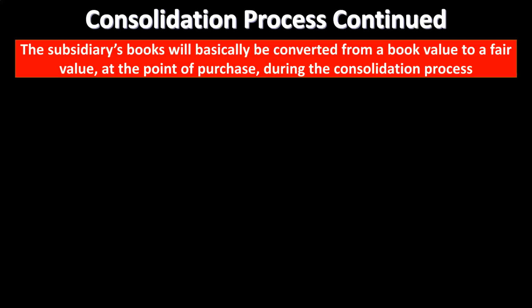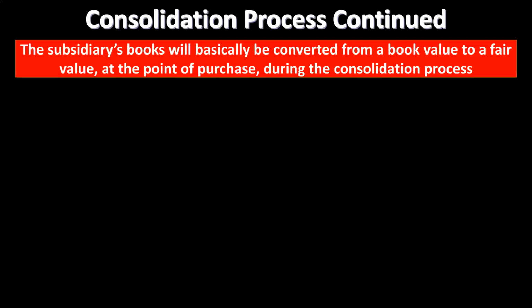So we're going to have to account for that difference in the fair value at that point in time. The next year, of course, that we do the consolidation, we're not going to revalue the property, plant, and equipment again, because no market transaction took place at that time. There's no negotiation. We don't really know what the value of a building is until it's actually purchased on the market, because it's unique in nature.